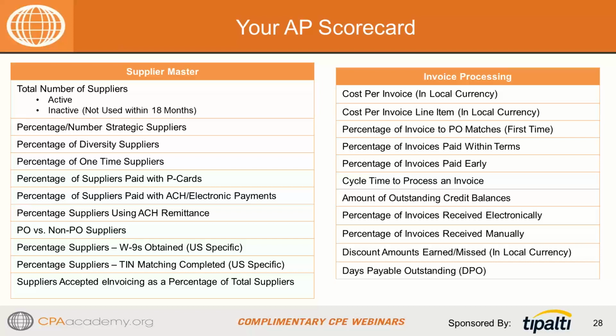And that is the IRS service where we can match a TIN number against IRS records. Suppliers accepted e-invoicing as a percentage of total suppliers.